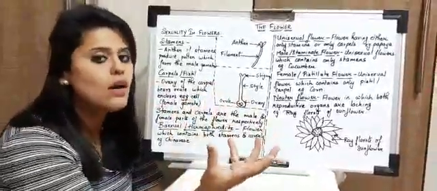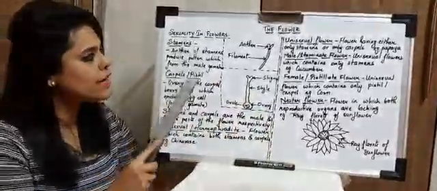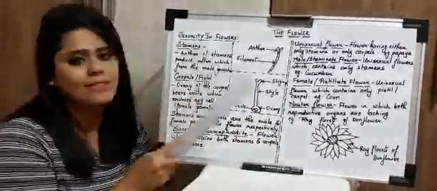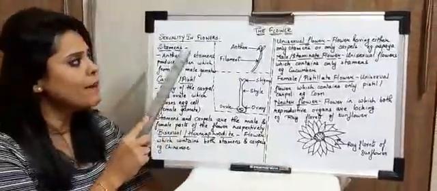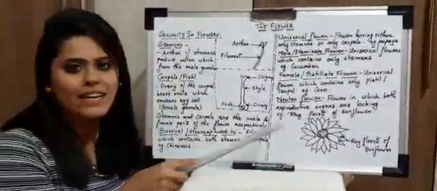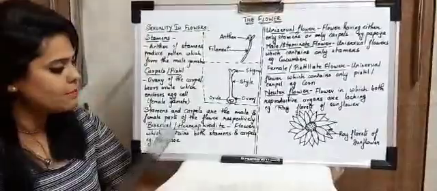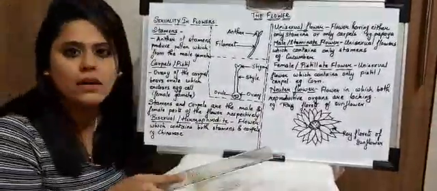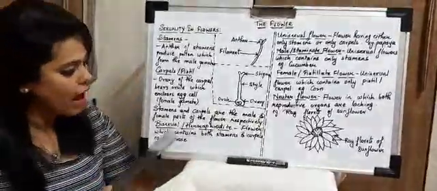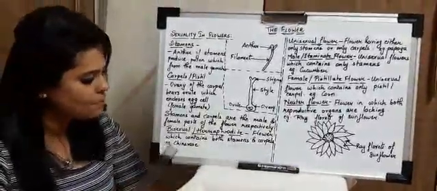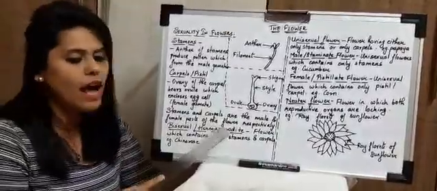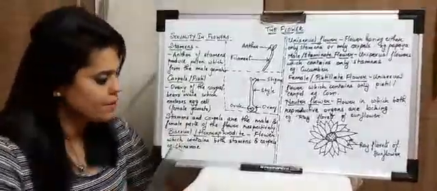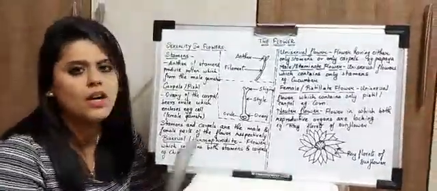A flower which has both the sexual parts in it, both the reproductive parts in it. That means which bears both the stamens as well as the carpel in it is called as bisexual flower, also called as hermaphrodite flower. So the flower which contains both stamens and carpels is called as a bisexual flower or the hermaphrodite flower. Example, common example is China rose or even a rose flower.